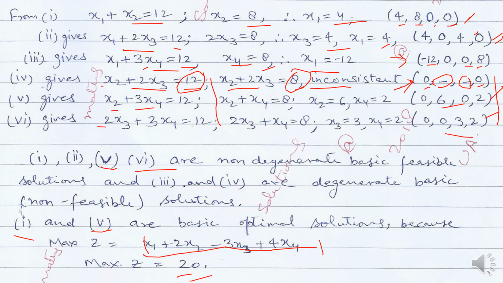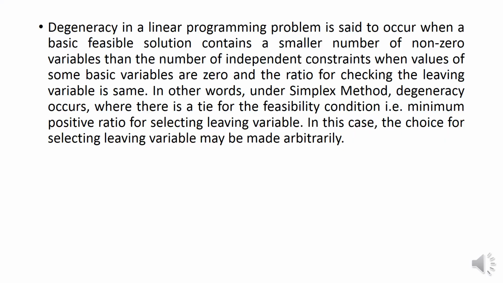So we got the solution. This was sufficient, but when we solve with the help of the simplex method, we have to know the definition of degeneracy also, so let's see what it is. Degeneracy in a linear programming problem is said to occur when a basic feasible solution contains a smaller number of non-zero variables than the number of independent constraints.